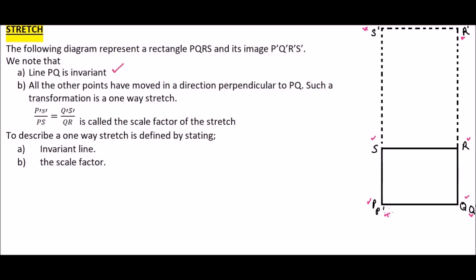You can see P and P prime, Q and Q prime are in the same position, meaning that PQ did not change position, but our SR changed position to S prime and R prime. So that is one description of this transformation.